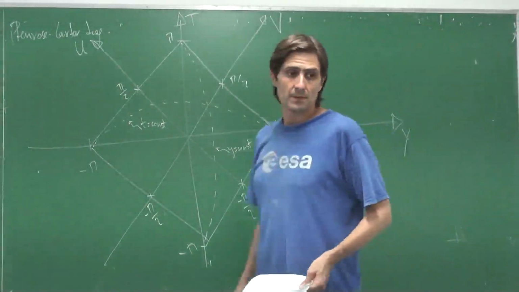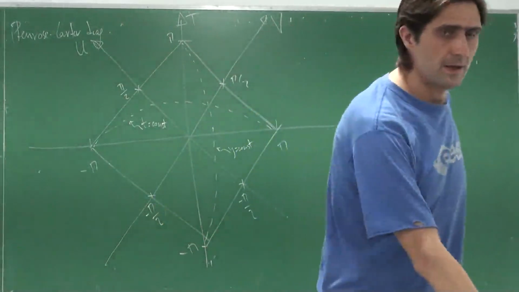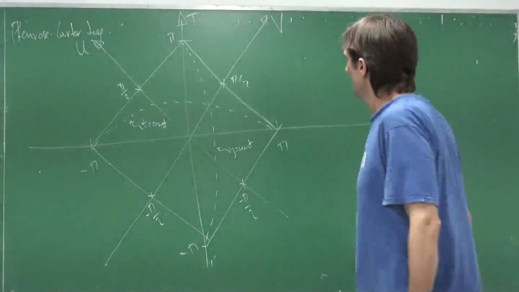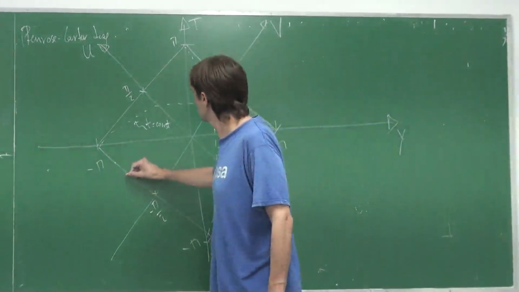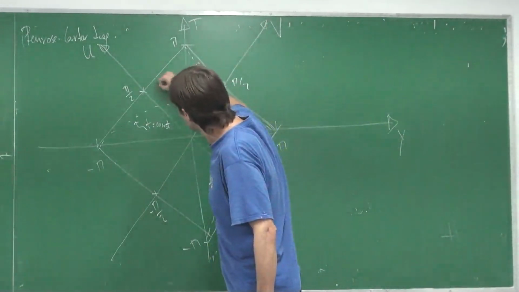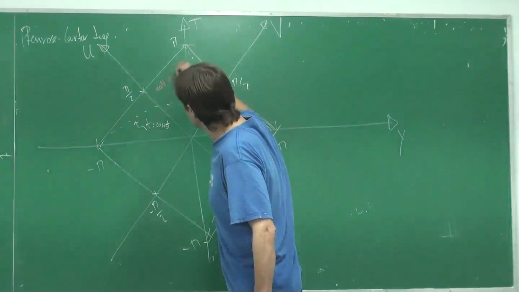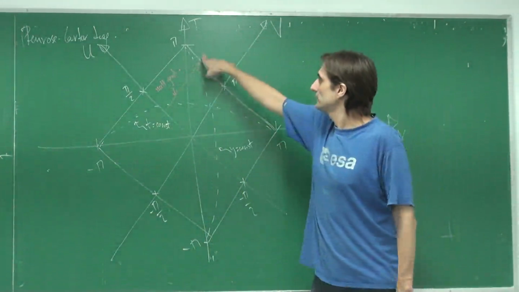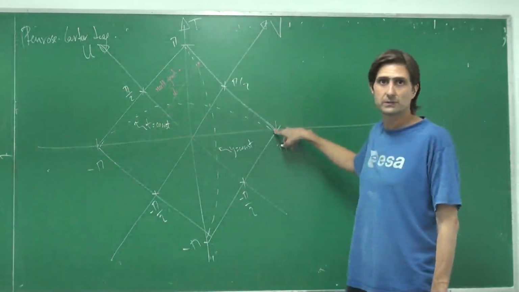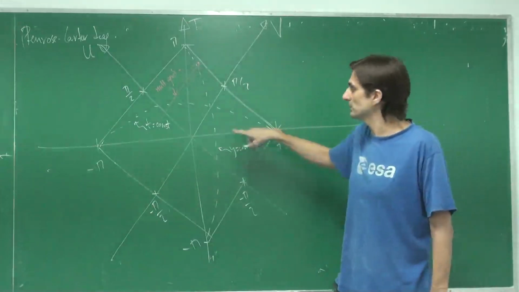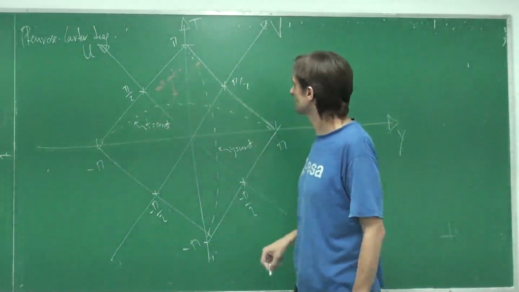Okay, so as I say, null geodesics are going at 45 degrees. This tells you that all null geodesics end up either on this side of the diamond, or on this side.